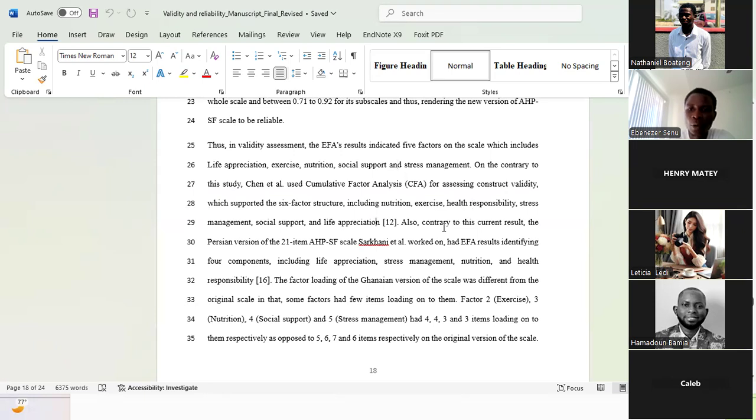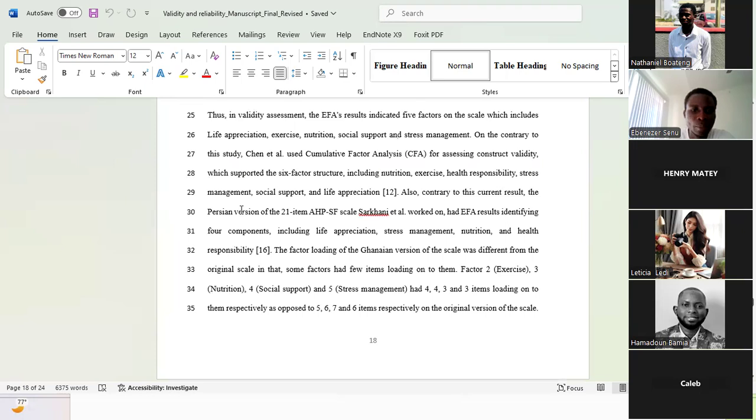Also, contrary to this current research, another study found different factors, including life appreciation. The factor loading of the Ghanaian version of the scale was different from the original scale. So you see what is happening.